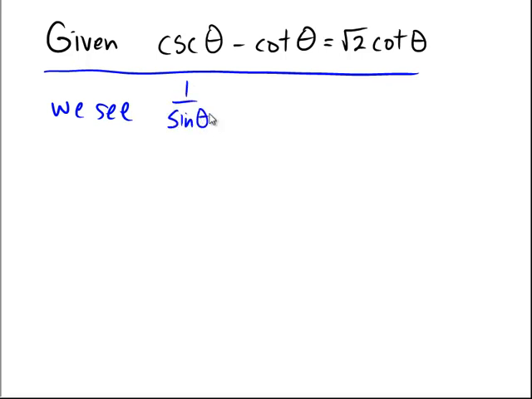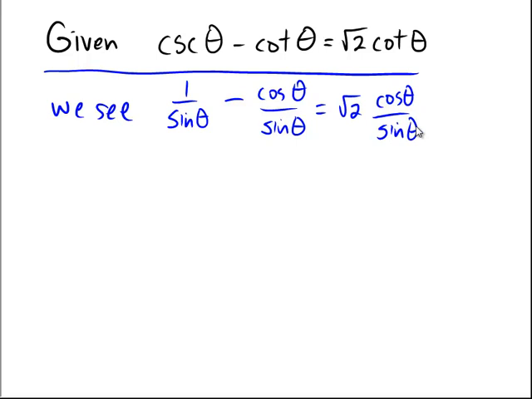That would be a reciprocal identity, minus the cosine theta over the sine theta, because this would be the quotient identity, is equal to square root of 2 times cosine theta over sine theta by, again, the quotient identity, right?